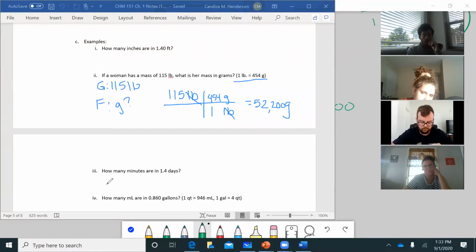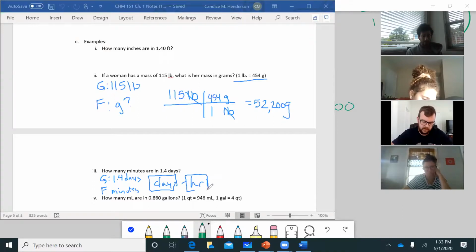So how many minutes are in 1.4 days? All right, so given unit is 1.4 days. We're trying to find minutes. So if I was to make a little flow chart, I would say I'm going to go from days into hours and then hours into minutes. All right.